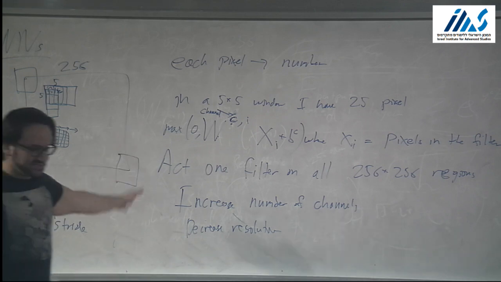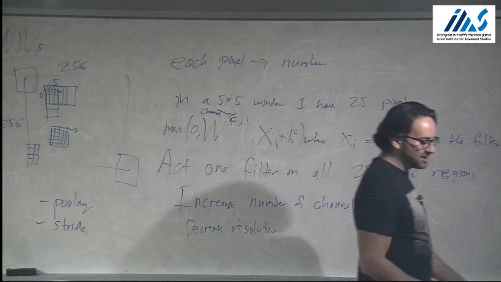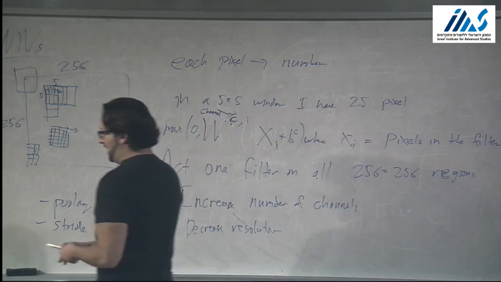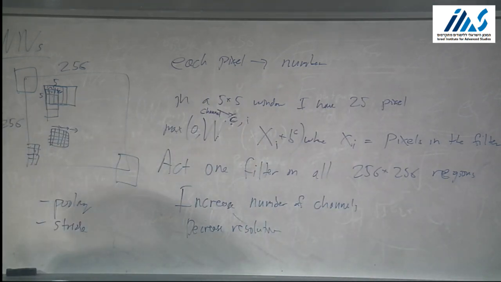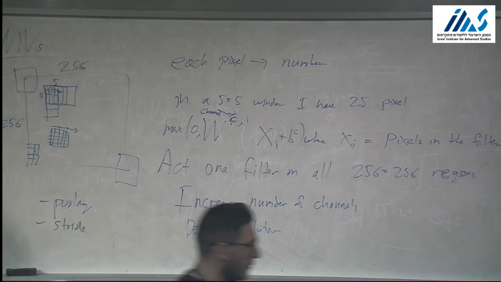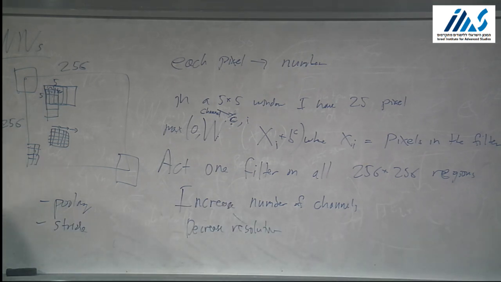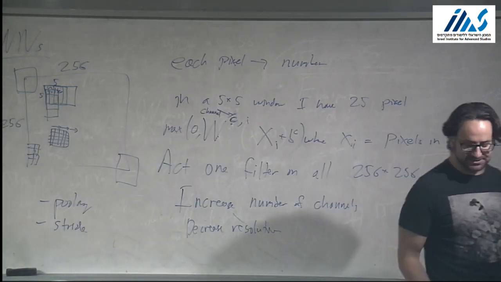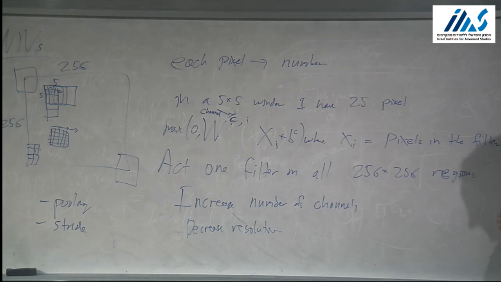And of course, you can put these together in all sorts of different ways. You can have some filters that are 5 by 5, some that are 3 by 3. You can have many of them or fewer of them. There's all sorts of different choices you can make. And this forms a huge class of families of convolutional neural networks that are used to process images.